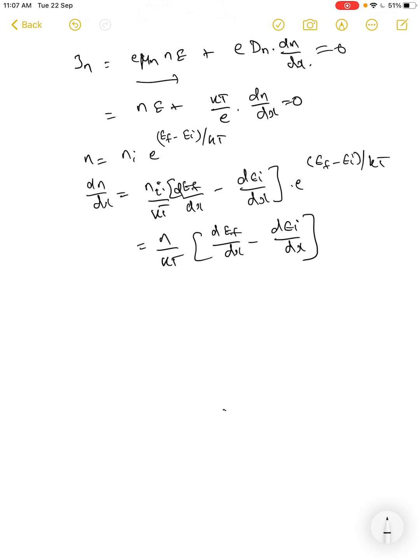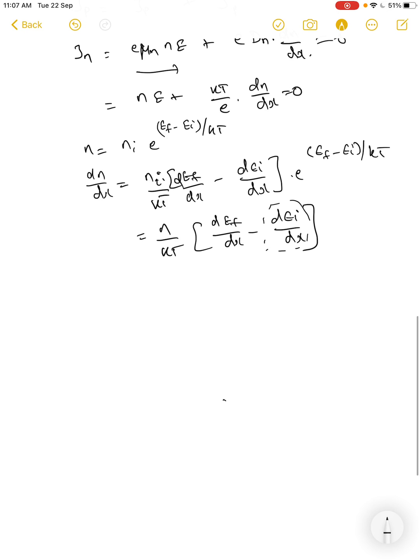dEi by dx is basically the electric field, right? We saw that if there is an electric field, the bands change with respect to the electric field. We saw this in the diffusion expression that we derived. So this is equal to the electric field that we have applied.